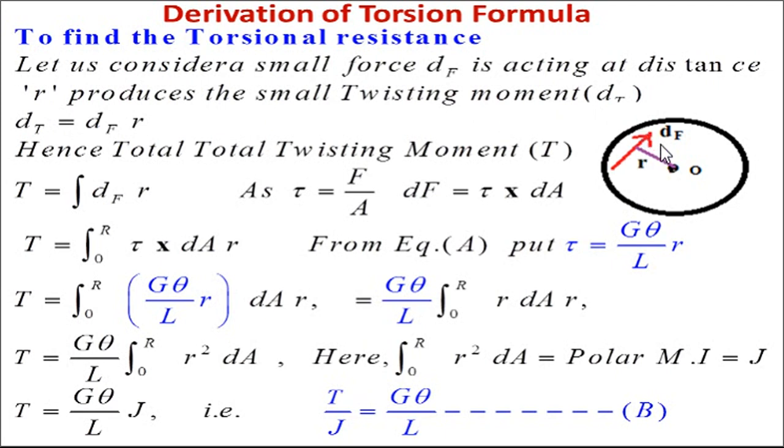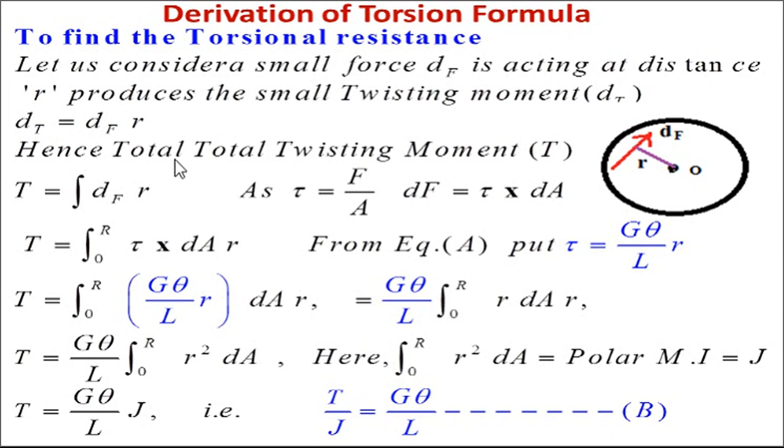Twisting moment means simply a moment, which is force into radial distance. As the moment is small, the letter d is used.